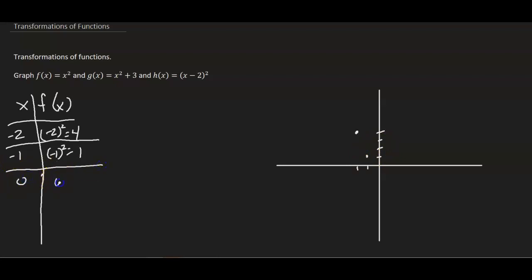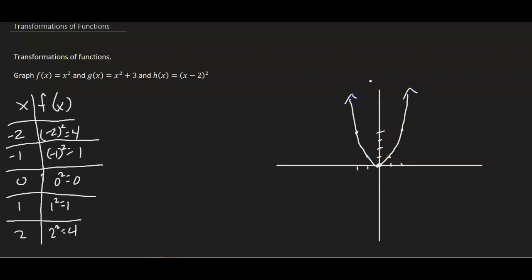If I look at a 0, 0 squared is 0, so that'll be the origin. If I have 1, 1 squared is 1, so that would be here. And 2, 2 squared is 4, so that would be here. So my graph is going to be a curve that looks like this.